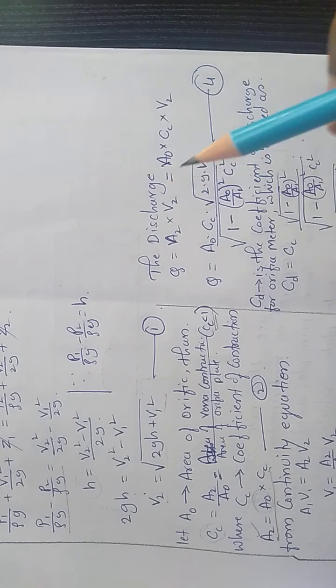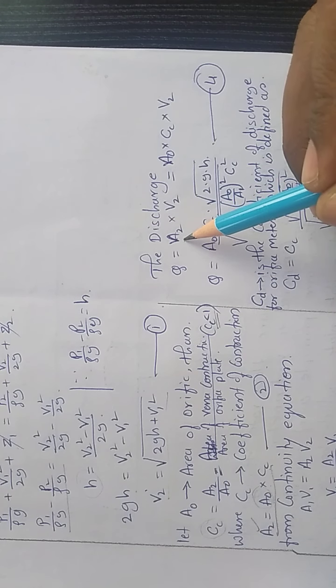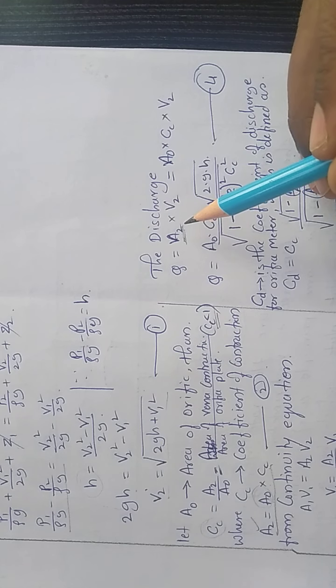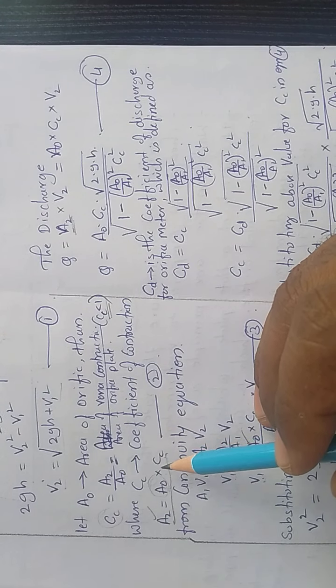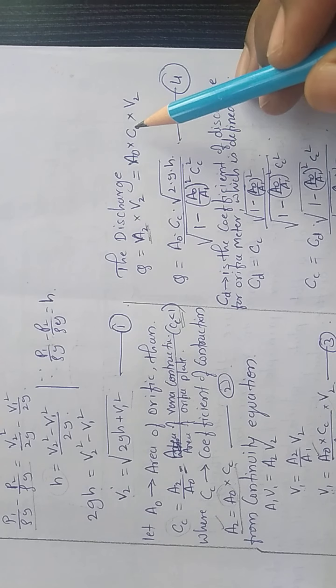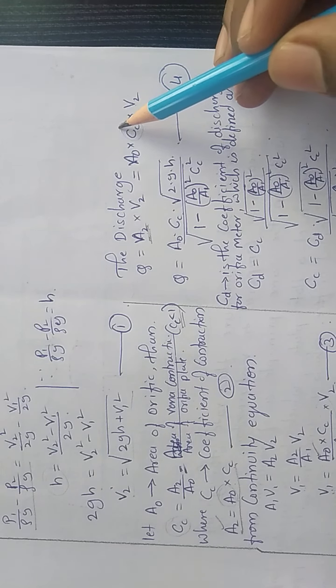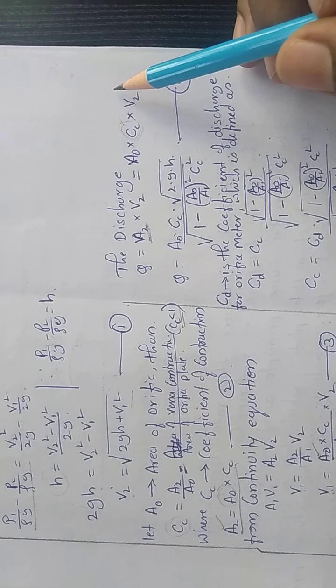Now you know the expression for discharge. What is the expression for discharge? It is A2 into V2. Again, I am writing the expression of A2 that we got here: A2 is A0 into Cc, where Cc is the coefficient of contraction.